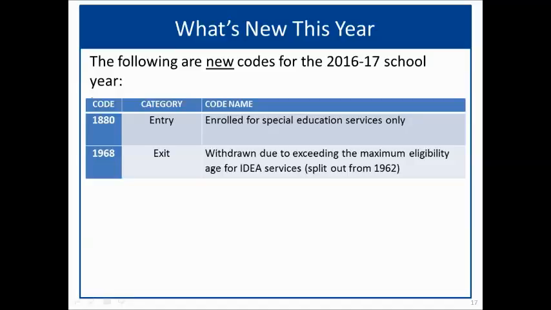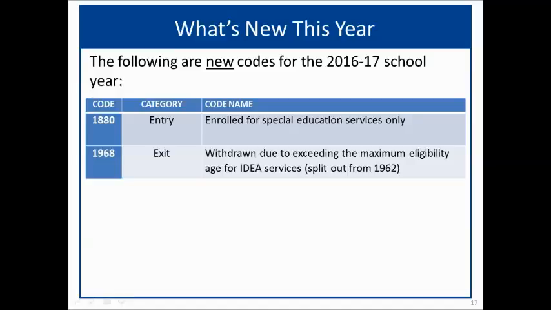This is not an entry for students who are enrolled in your actual full program. This is for students who may be enrolled in another program in another school, but perhaps your school is providing related services, or the student is seeing a specialist and you need to enter them into your system to capture them. If your school is only providing special education services for the student, then you would use the 1880 code for that circumstance.